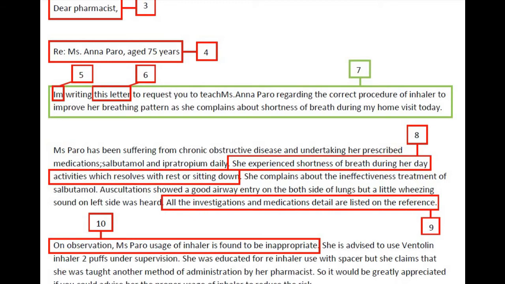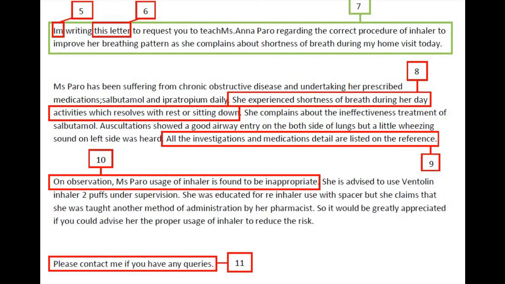Moving on to the second paragraph, it says, "Mrs. Parrow has been suffering from chronic obstructive disease and undertaking her prescribed medications, salbutamol and ipratropium daily. She experienced shortness of breath during her day activities which resolves with rest or sitting down."